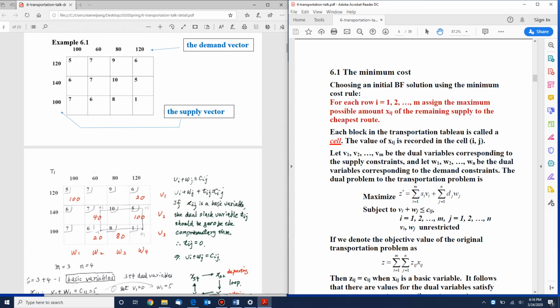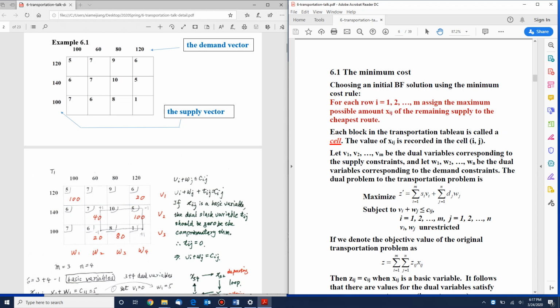You see that market 1 demands 100 units of the commodity. From source 1 we actually have 120 units, so we only need 100 for market 1, and 100 is the maximum amount we can ship from source 1 to market 1.